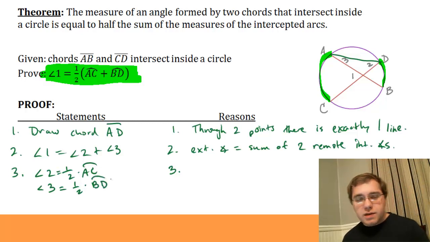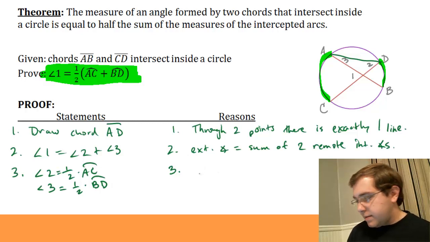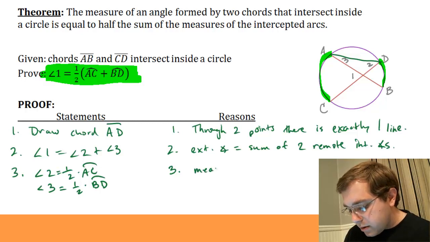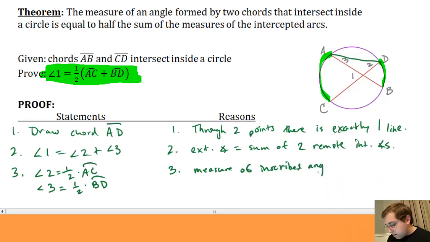Angle 2 is half of arc AC. Angle 3 is half of arc BD. That's because of our theorem that says the measure of an inscribed angle equals half the intercepted arc.